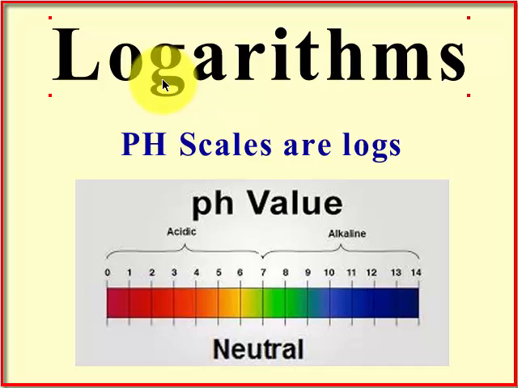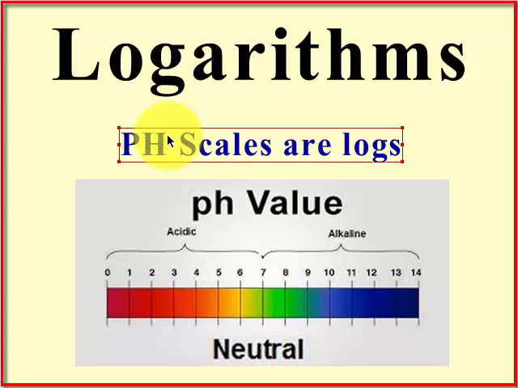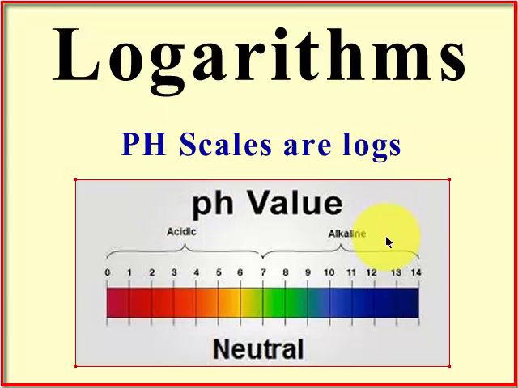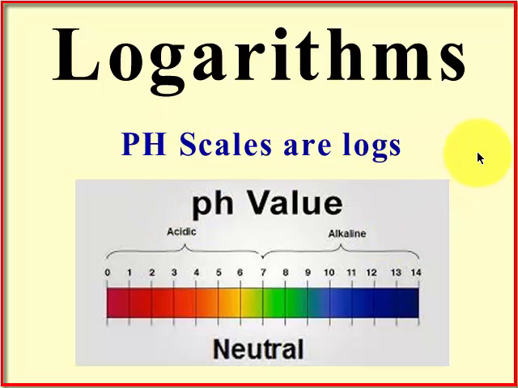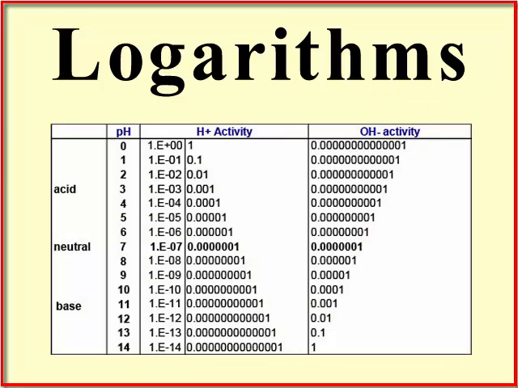Okay. And another use of logarithms is for pH balances when it comes to acids and bases. If you remember your chemistry, if you haven't had it yet, that's what you're going to be doing here. And here is a table for hydrogen activity and hydroxide activity. So if they have a low pH balance, less than 7, it's considered an acid.